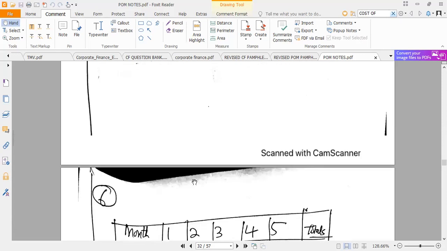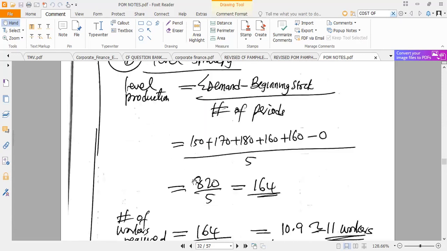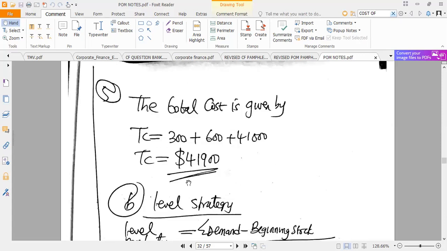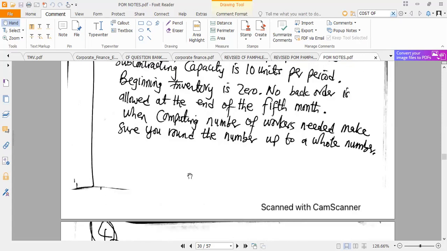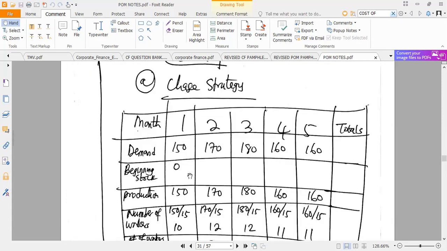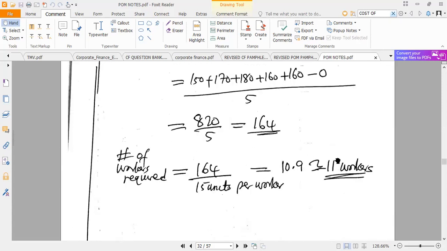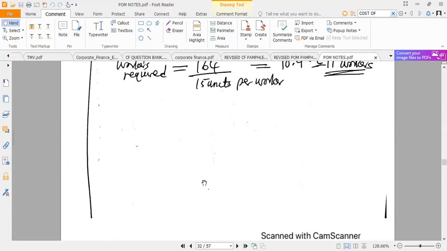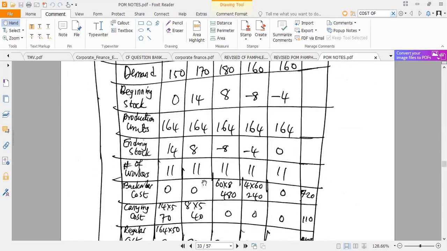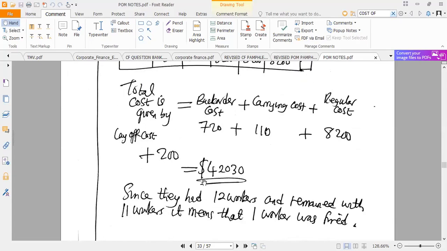They told us that we have 12 workers for the current workforce. There are 12 from the question here, but I've come to discover that we have 11 workers. So we only fired one worker before anything else, and for this one, we'll account for the worker we fired.